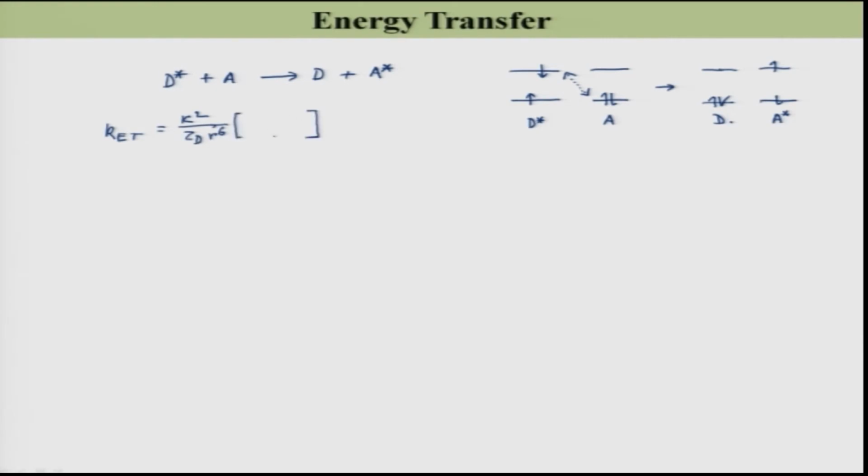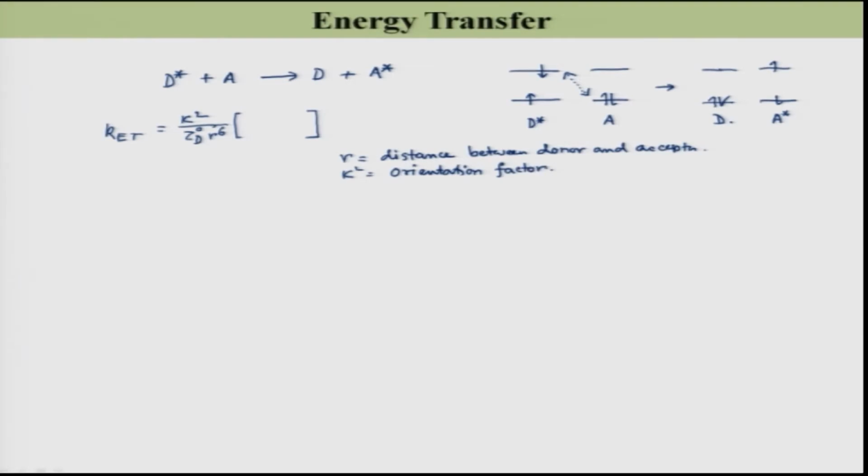And I said that here r is the distance between donor and acceptor, tau_D is the donor lifetime, and kappa square is my orientation factor. This kappa square depends on the relative orientation of the donor and acceptor.